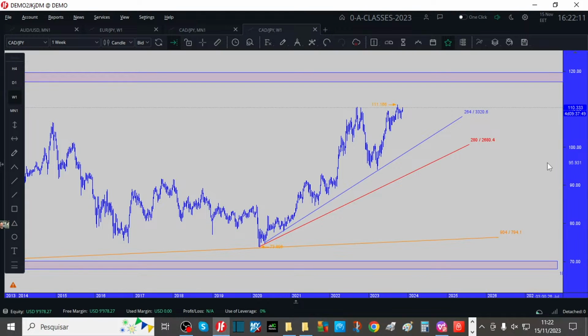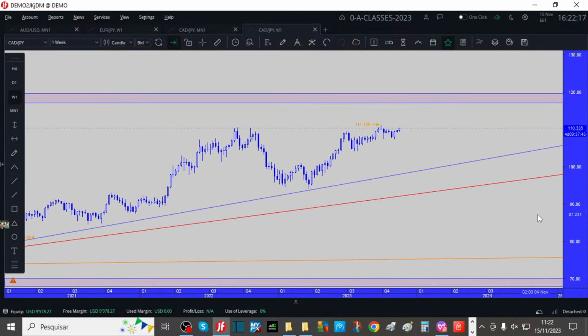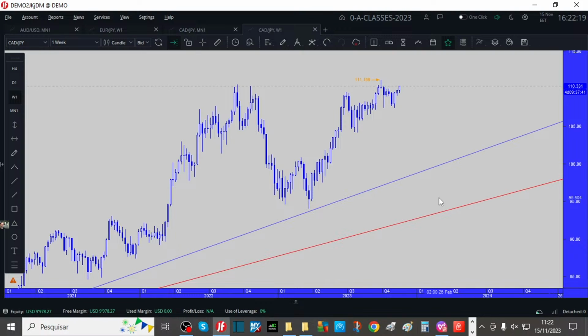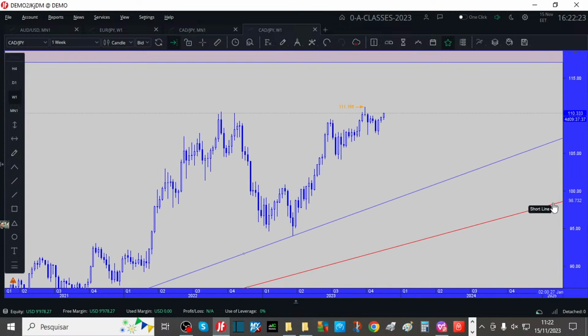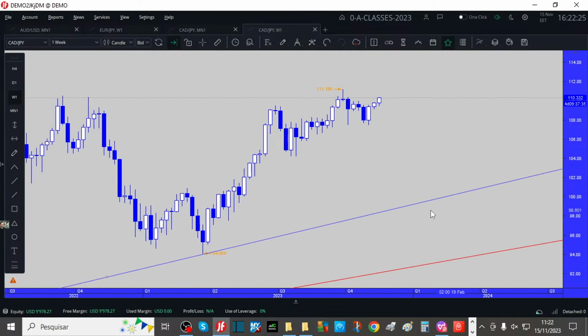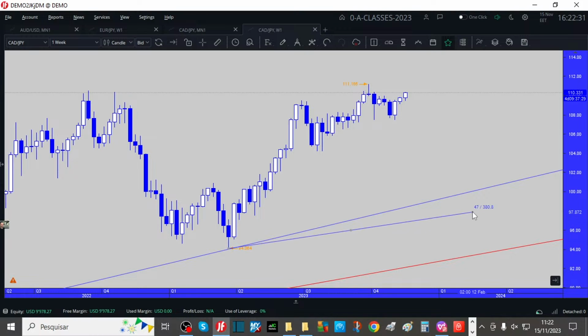But if you want to micromanage, you are going to go on the weekly, zoom in, and you are going to go from the blue. Zoom in the chart, and from this tail extend and try to find the next low.